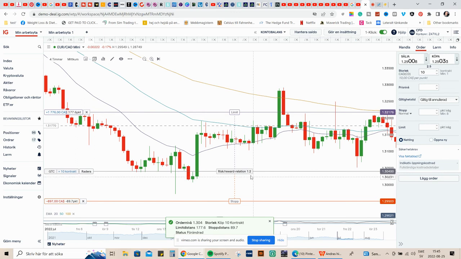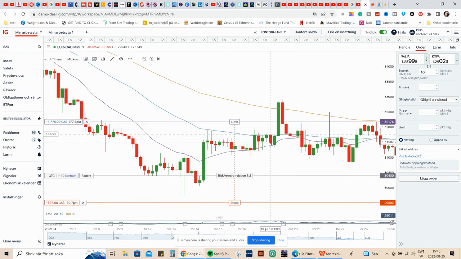Now you can see here the reward, taking profit in this case, is 2 times higher than the risk. We have 1 unit of risk here from the buy entry, stop order. This is your risk. And in this case, you have a profit that is 2 times higher. And yes, it went in here.